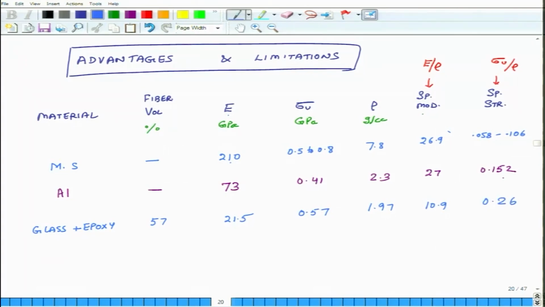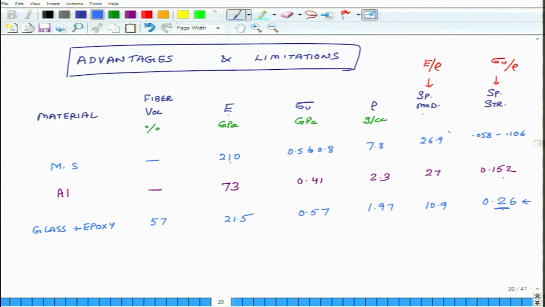So, what does this show? That to produce the same strength, you need a less heavy structure made from glass plus epoxy composite, because this number is 0.26. If you see it for steel, it is 0.058, and if you look at aluminum, it is 0.152.